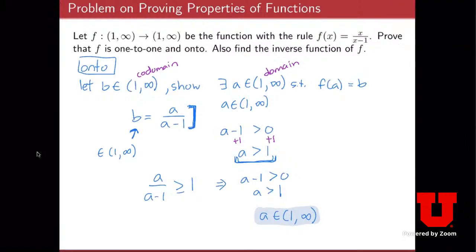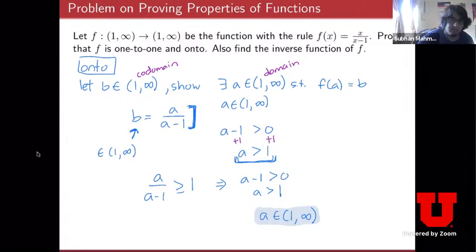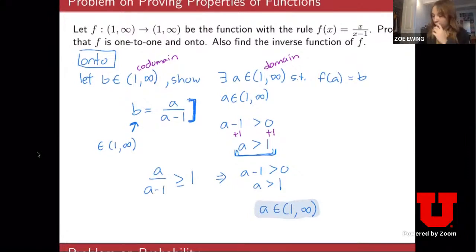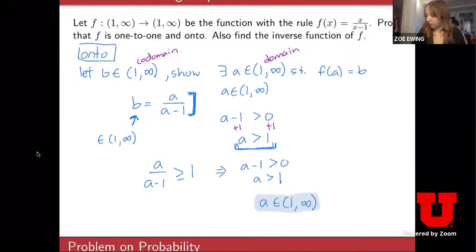Okay. But also, we never found the inverse function. Oh, yes. Inverse function. That one's not super hard. For the inverse function, you just switch the variables, if that makes sense.